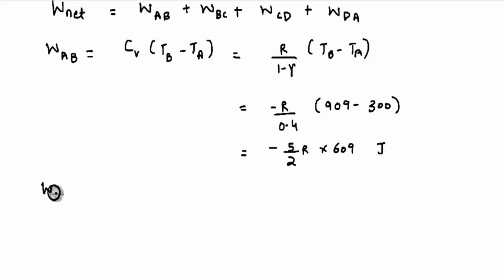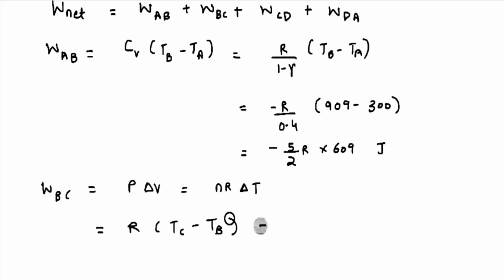Now calculate work done from B to C. Since B to C is an isobaric process, work done can be written as P delta V in this case. This formula can be further modified as N R delta T. Since it's 1 mole, it is R delta T, that is Tc minus Tb.